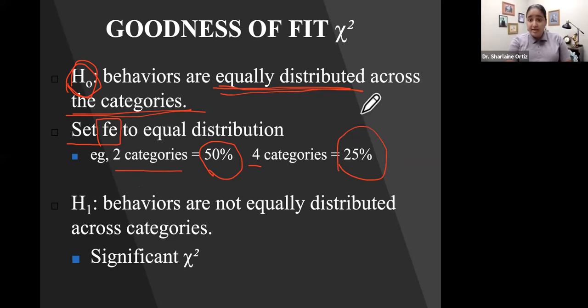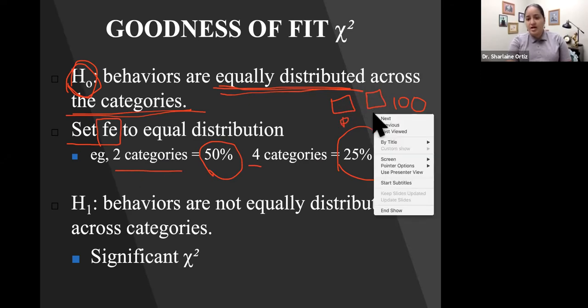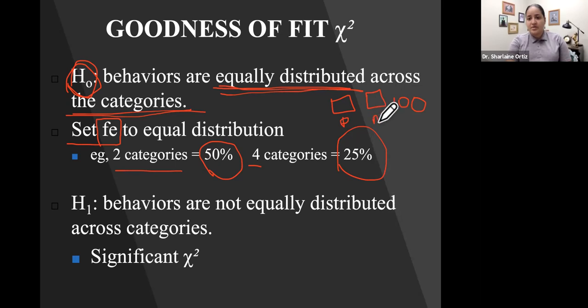So if I have 100 tallies, but I only have 2 categories, A and B, for example, did you pass the test or did you not pass the test, I should have about 50% of those tallies in each category.